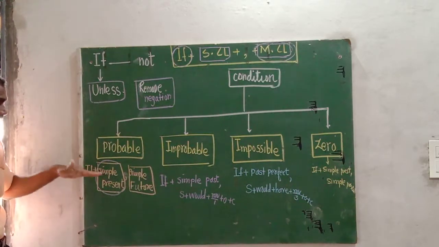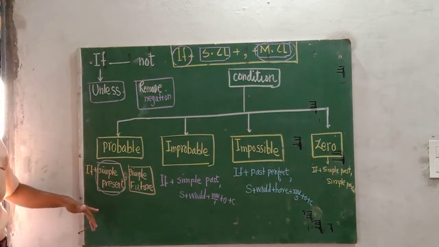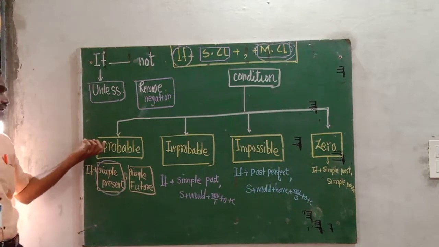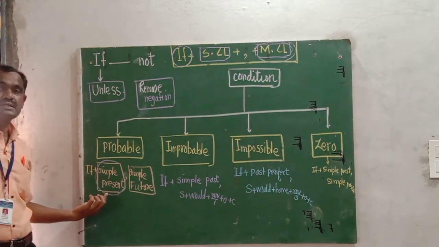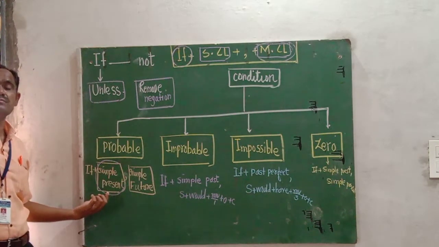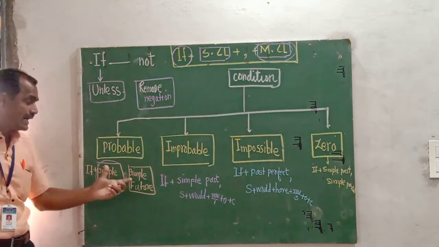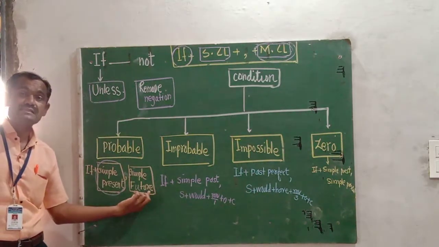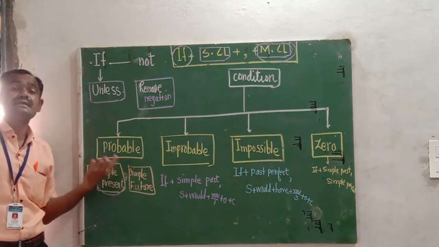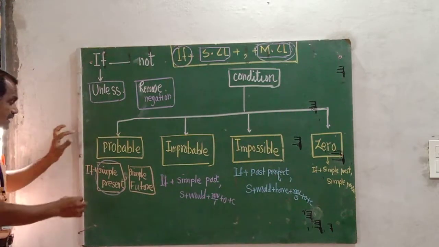In this sentence, the condition is real and probable. That's why the condition in which the tense of one clause is simple present and the tense of the main clause is simple future is called a probable condition.